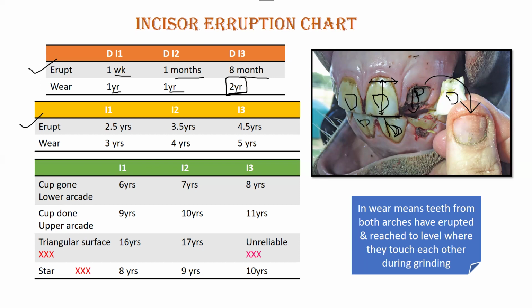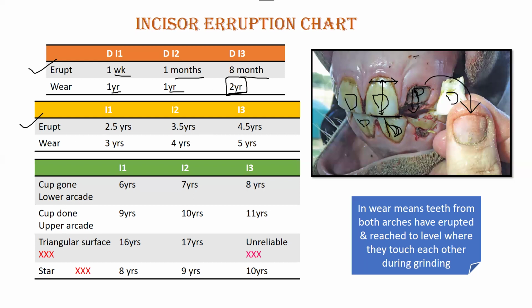That means the horse is 2 years. But if the central incisors and intermediate incisors are in wear, but not the third one, that means the horse is less than 2 years old, like 1 or 1.5 years old, because when the horse is 2 years of age, the third deciduous incisors will also be in wear.